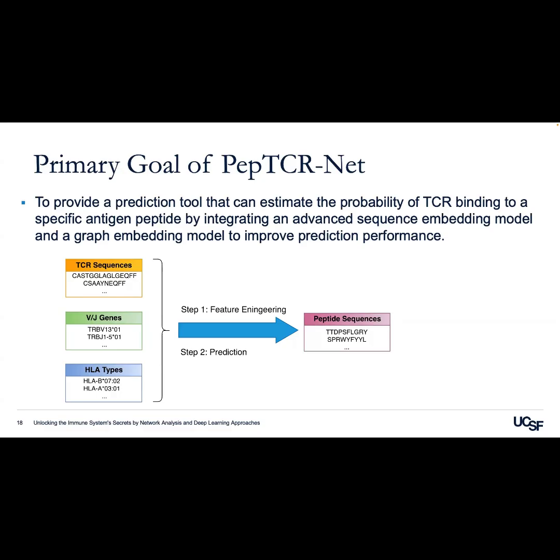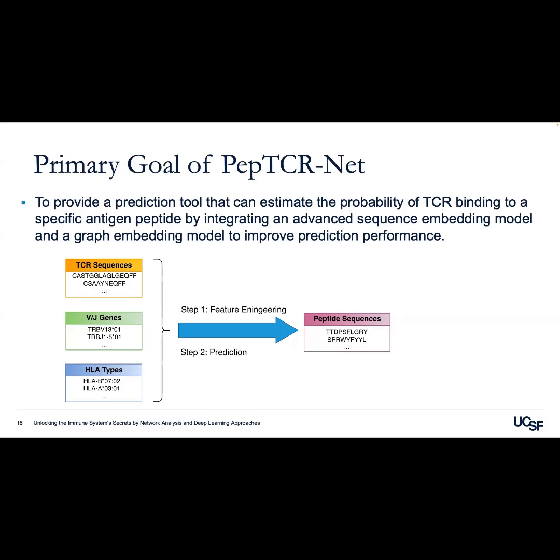The input data is the TCR sequence along with their VJ gene information and the HLA type. Why is HLA type important here? HLA stands for human leukocyte antigen. A TCR cannot recognize an antigen if it is not presented by specific HLA molecules.